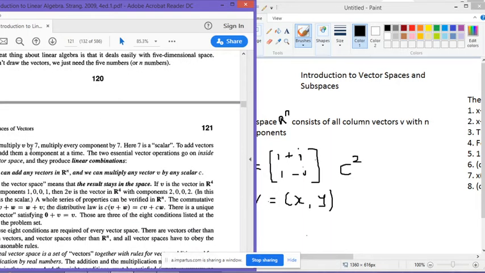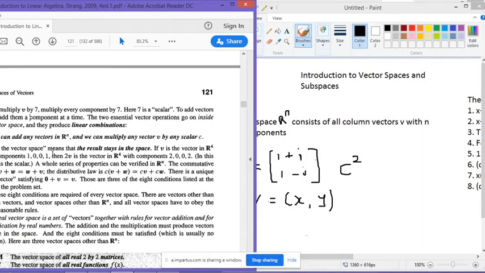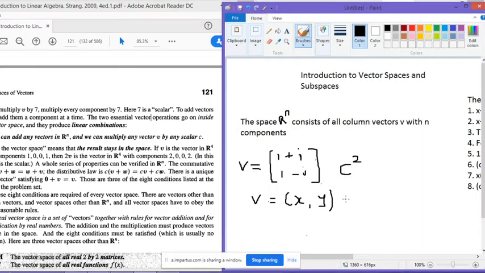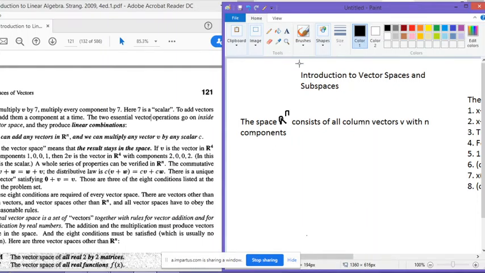Now, to multiply v by 7, we multiply every component by 7. For example, let us take a five-dimensional vector. We'll take v as a column vector which has five components, that is 2, 1, minus 2, 4, 5.